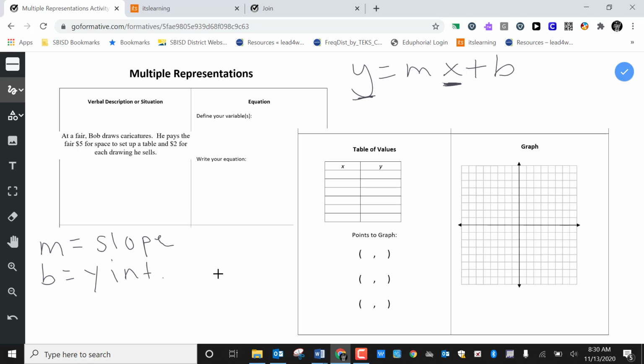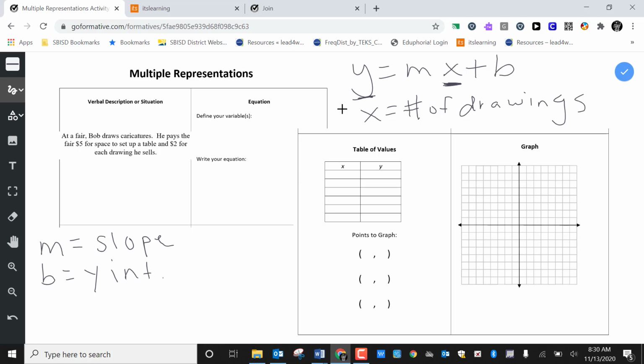So the first thing I want to do is figure out what x represents. We don't know how many drawings he sells, so x is going to represent number of drawings. Now I need to think about what my slope is going to be.